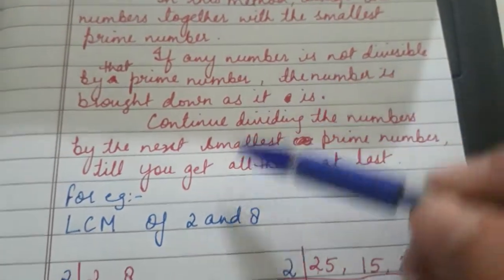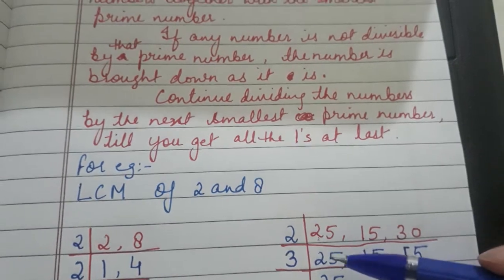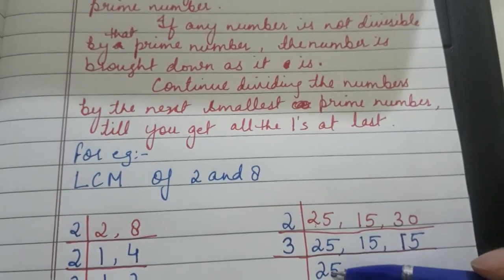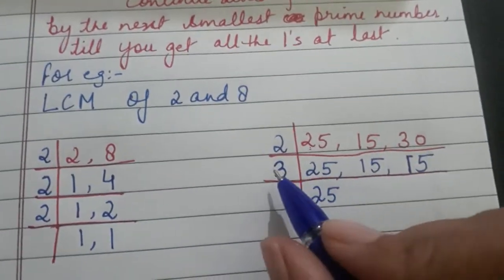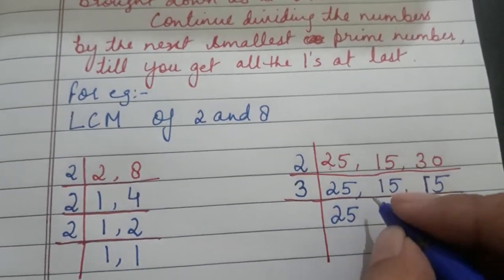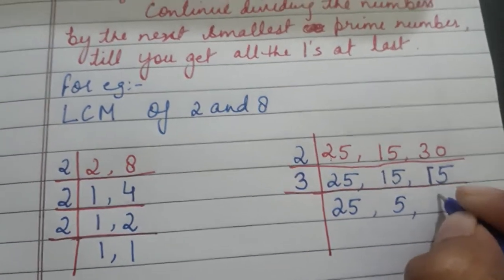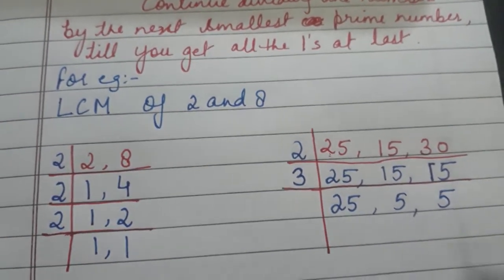If any number is not divisible by that number, the number is brought down as it is. Now 15, 3 5s are 15, yes, and again 3 5s are 15.